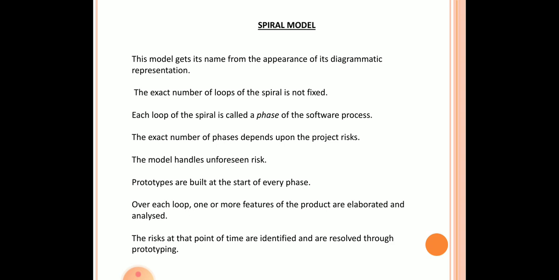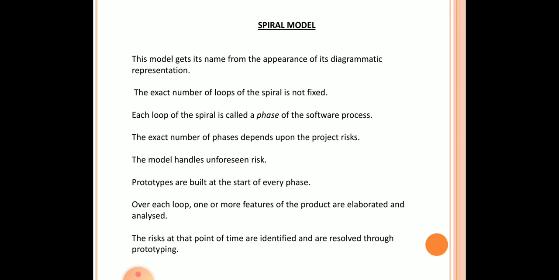This model can handle unforeseen risk. The model is proposed to be a more flexible one compared with the other models. Because the exact number of phases through which the project is developed is not fixed, the project manager can decide the number of phases, or spirals, loops involved in the model.